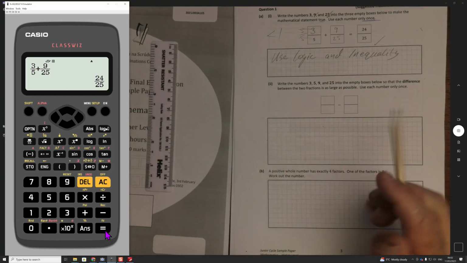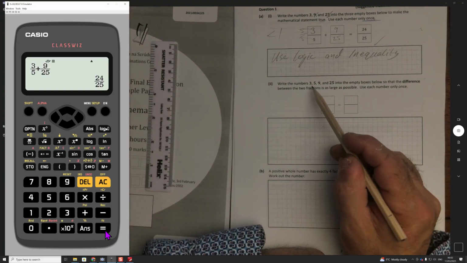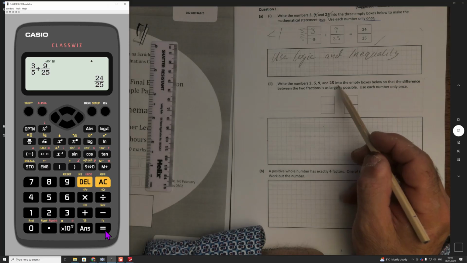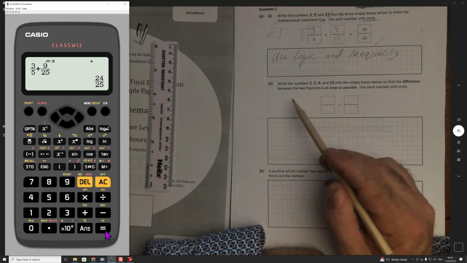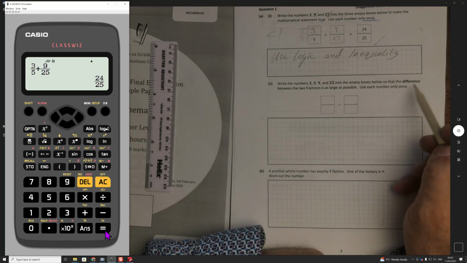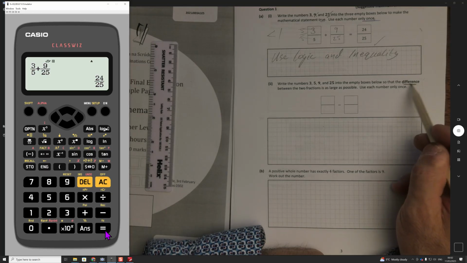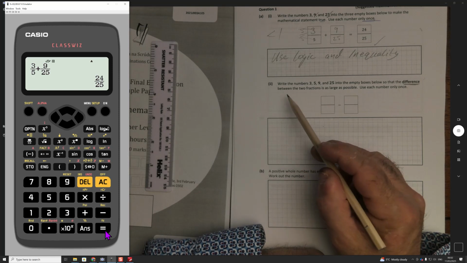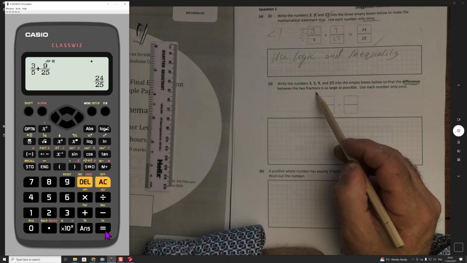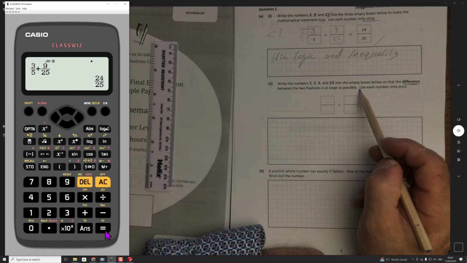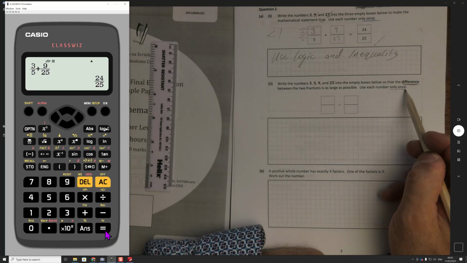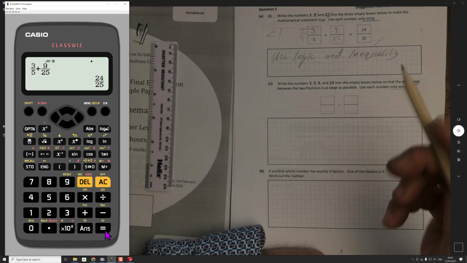Okay, on we go. Again, write the numbers 3, 5, 9 and 25 into the empty boxes below, so that the difference, highlighted in bold, but we'll underline it as well, difference means subtraction, between the two fractions is as large as possible. And then again, use each number only once.